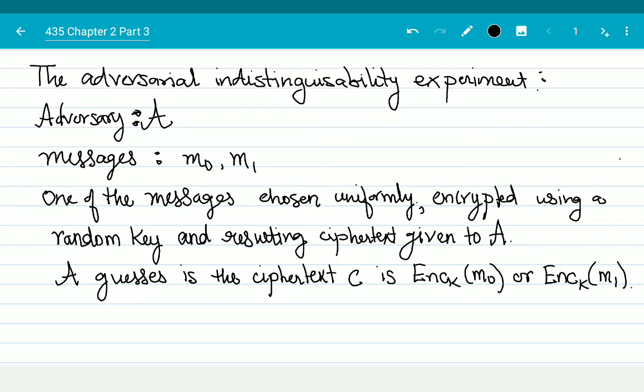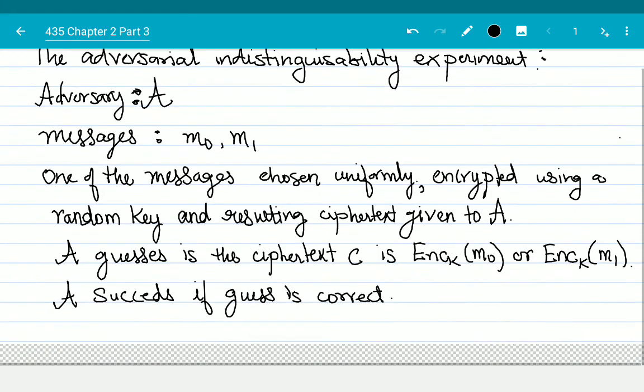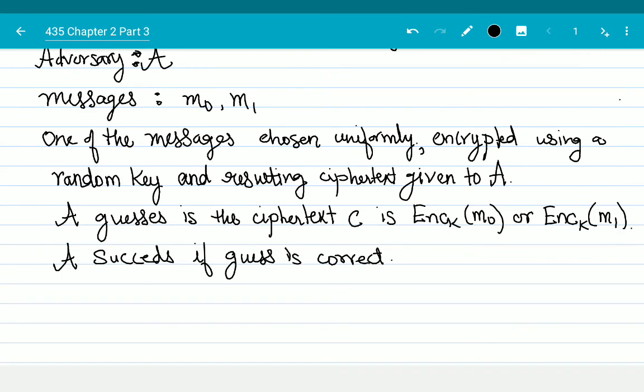Okay? And the idea is the experiment succeeds, A succeeds, if he can guess, if the guess is correct. Okay?